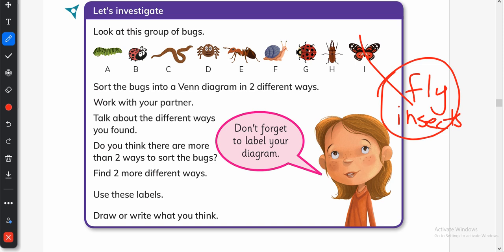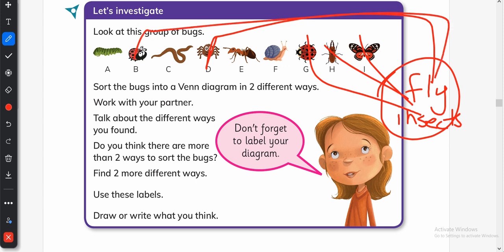So butterfly, this cockroach, this ladybug will come inside. Ant cannot fly. This spider can fly. Yes, it will come inside. And this ladybug will also come inside. And yes, A, C, E, and F. They cannot fly.